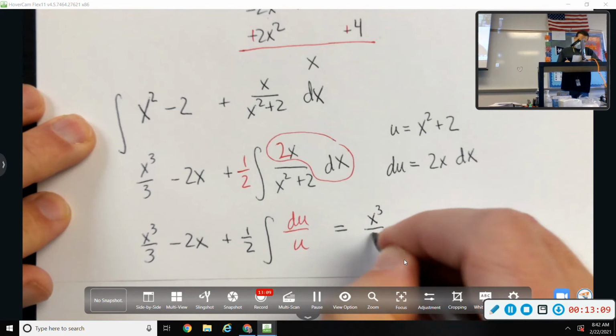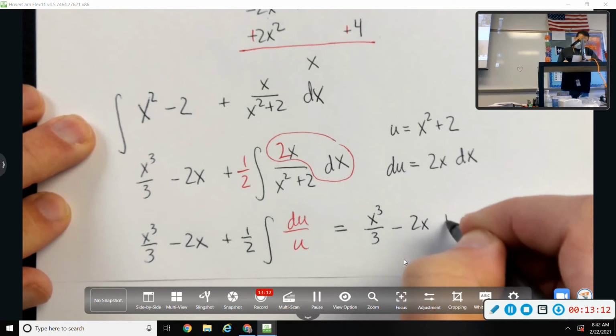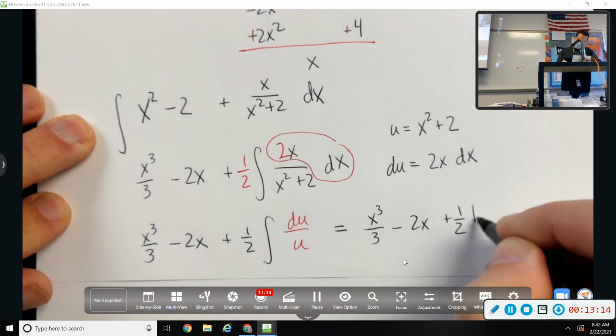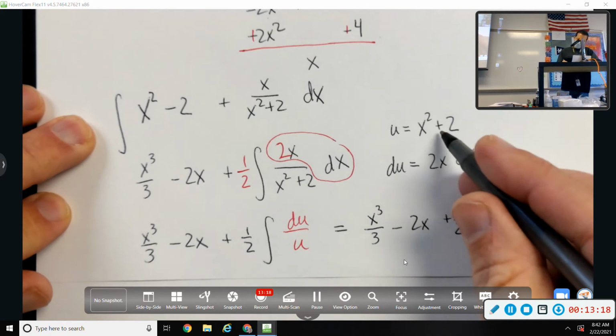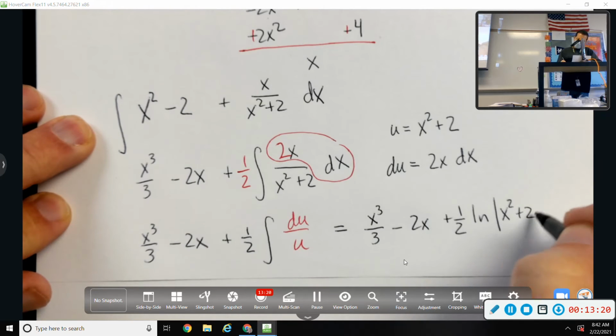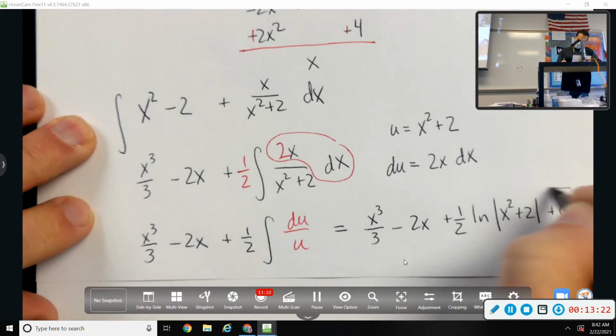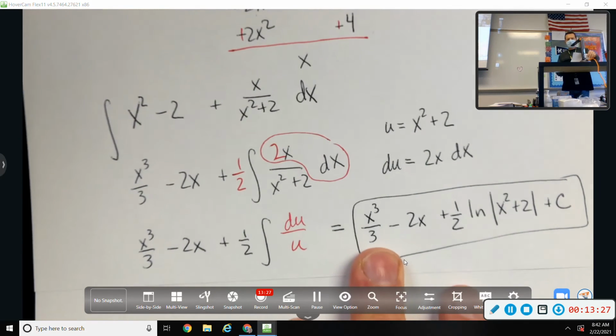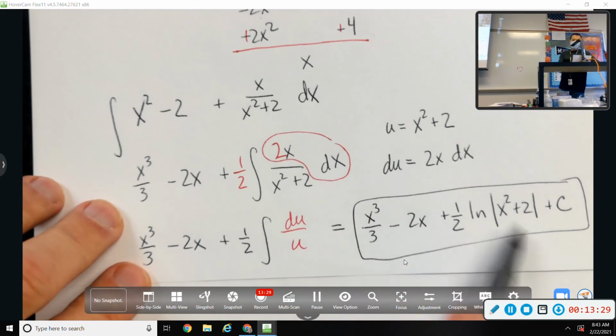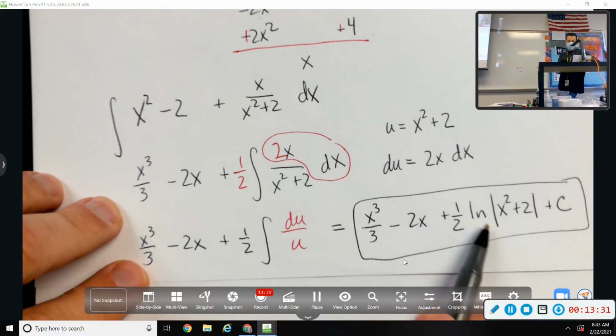So x cubed over 3 minus 2x plus 1/2 natural log of the absolute value of u, which is x squared plus 2. Kind of short-circuited one step there because I was almost out of room. I substituted the x squared plus 2 back in for u, kind of on the fly.